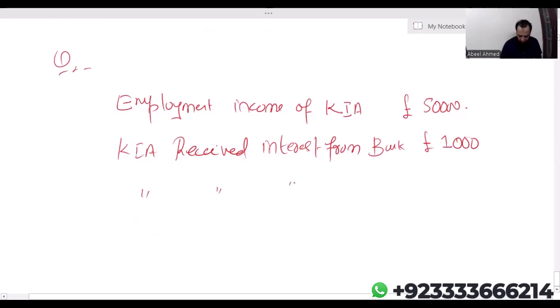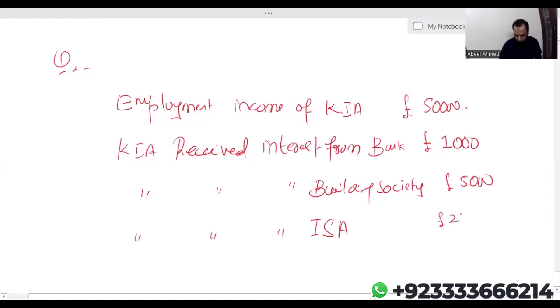Kia received interest from, let's say, building society, let's say 5,000 pound. Assuming Kia receives interest from ISA. ISA means individual saving account. The amount is 2,000.